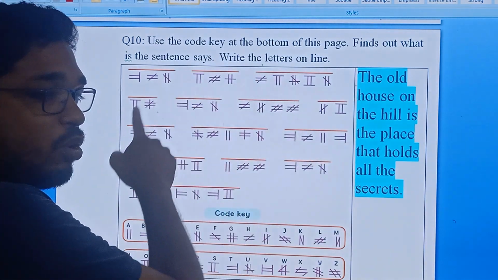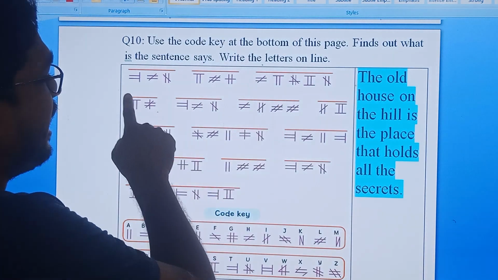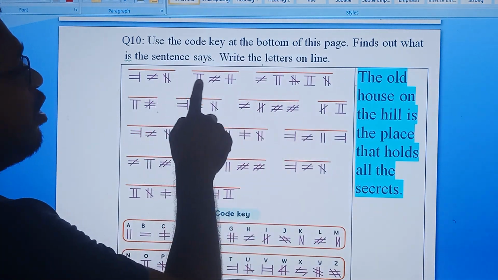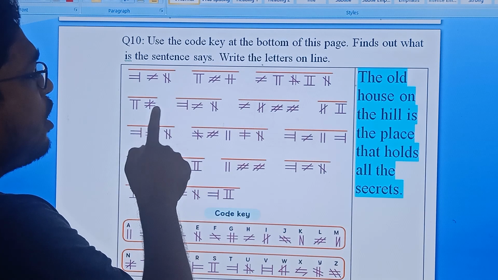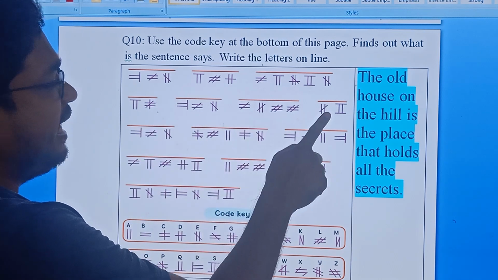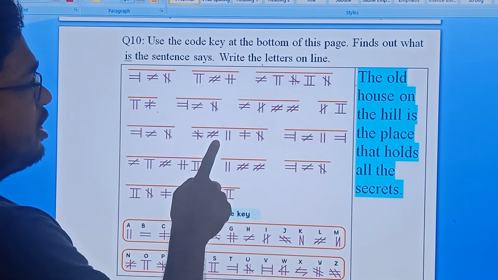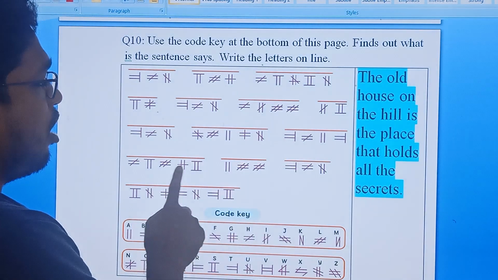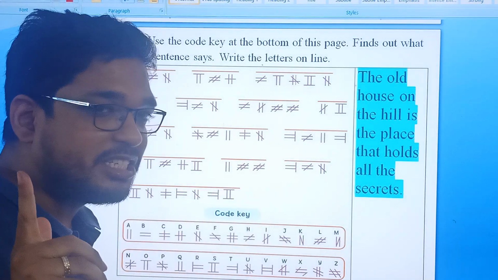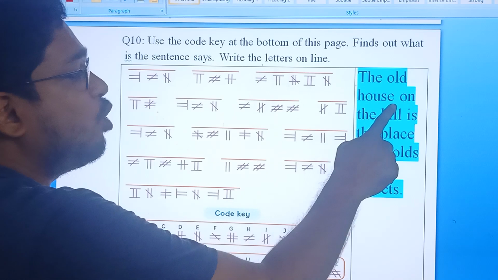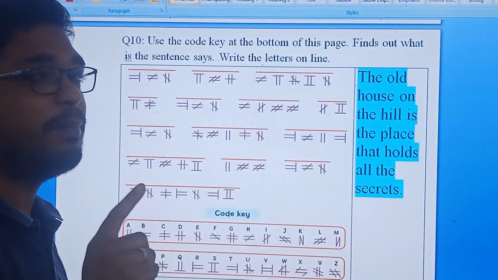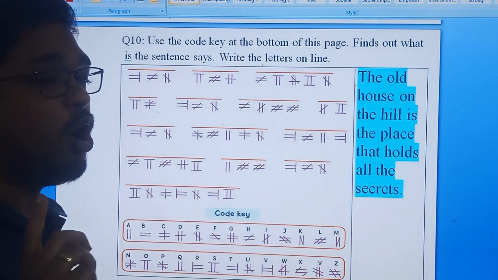So if you decode all the words, the entire sentence is: the old house on the hill is the place that holds all the secrets.